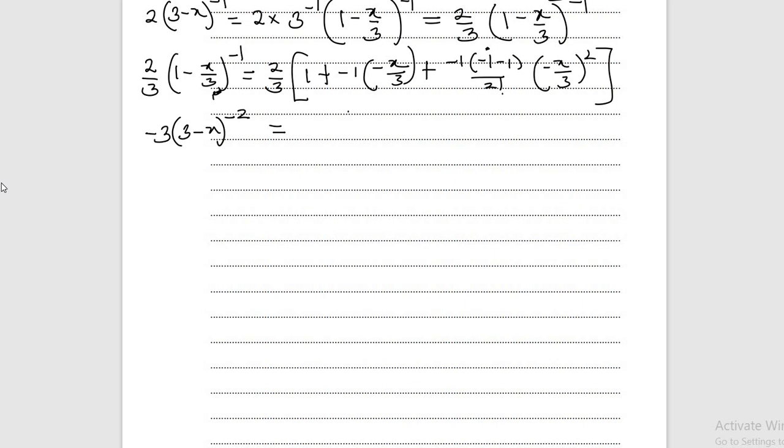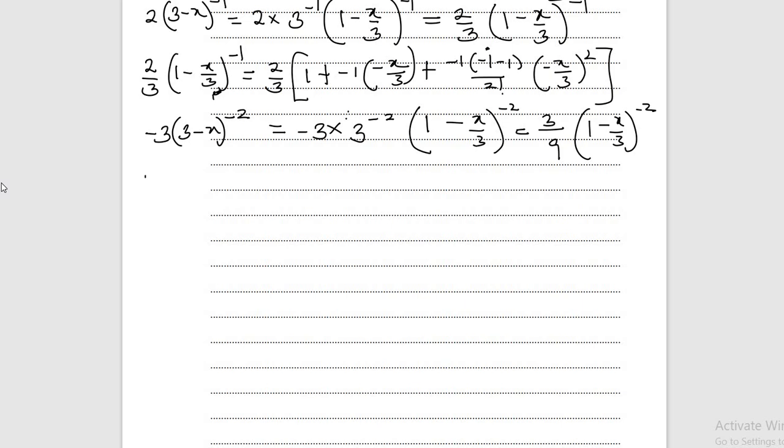So we're going to have this minus 3, let it be. So 3 to the minus 2, (1 minus x over 3) raised to power minus 2, which is the same thing as 3 over 9, (1 minus x over 3) raised to power minus 2. 3 over 9, of course, is 1 over 3.